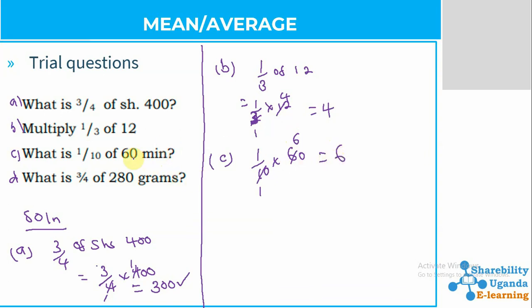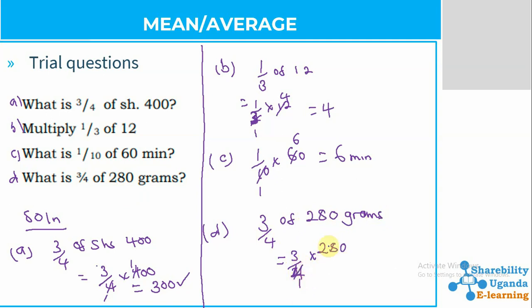So when they talk about minutes, you also have to include the unit, minutes. So our part D, they are saying what is 3 out of 4 of 280 grams. So 3 out of 4 of 280 grams.